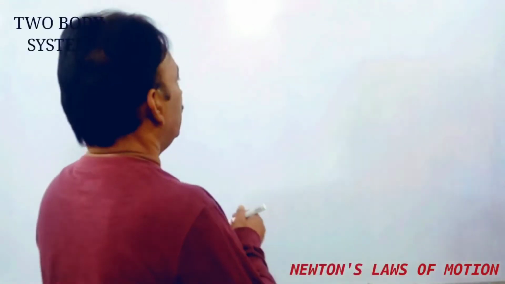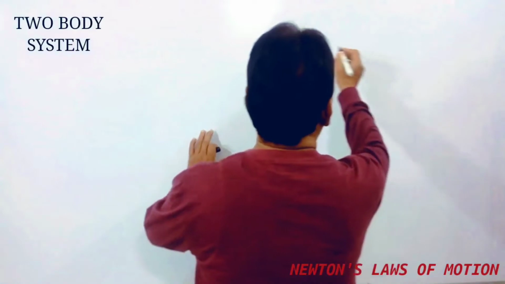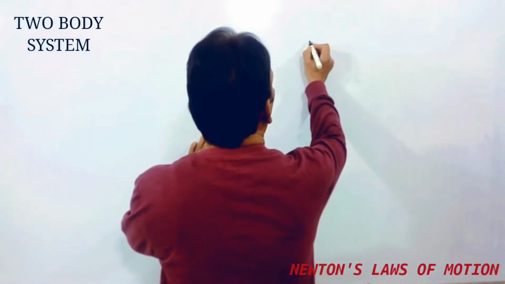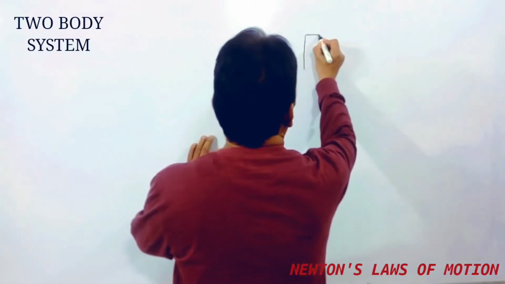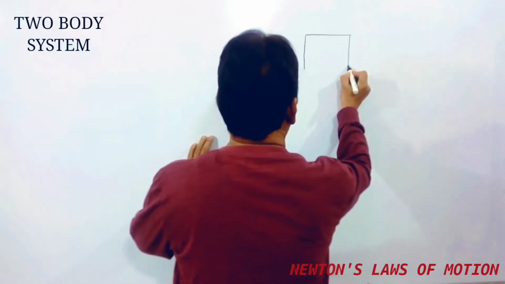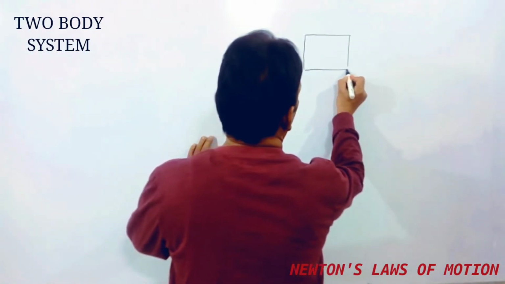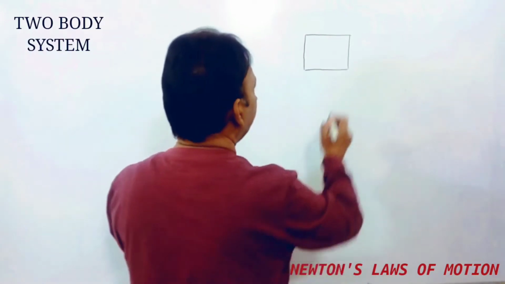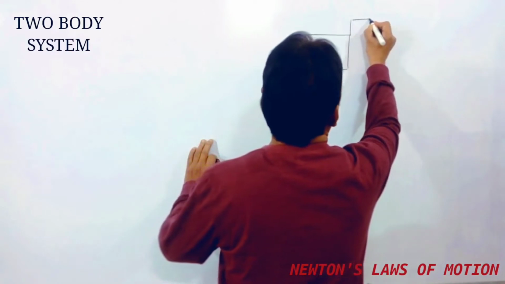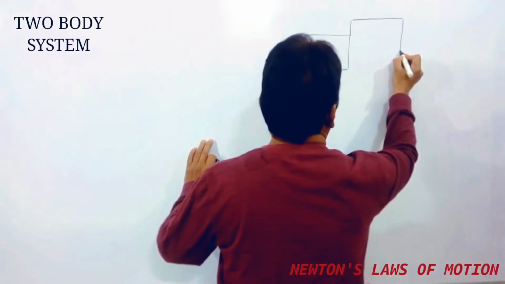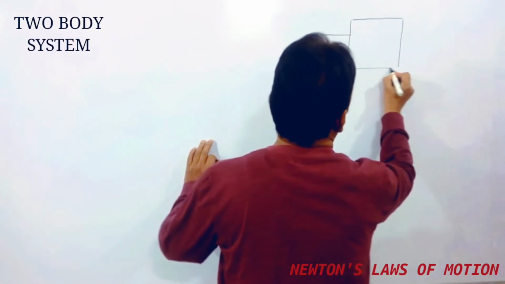Okay, let's say two bodies are taken. This body, or you can say a block, which has a mass of m1, is in contact with another mass, a second mass.